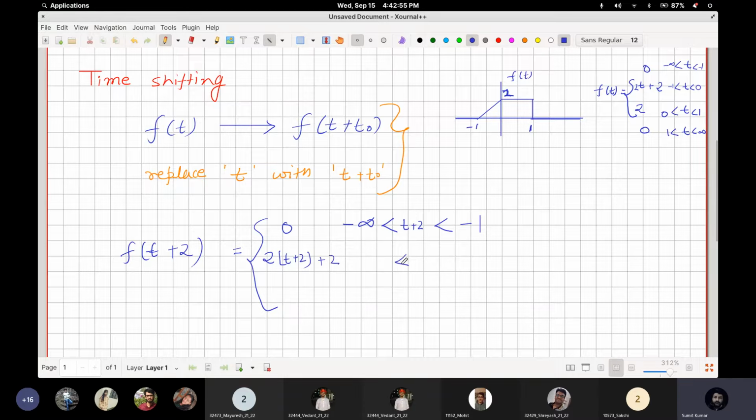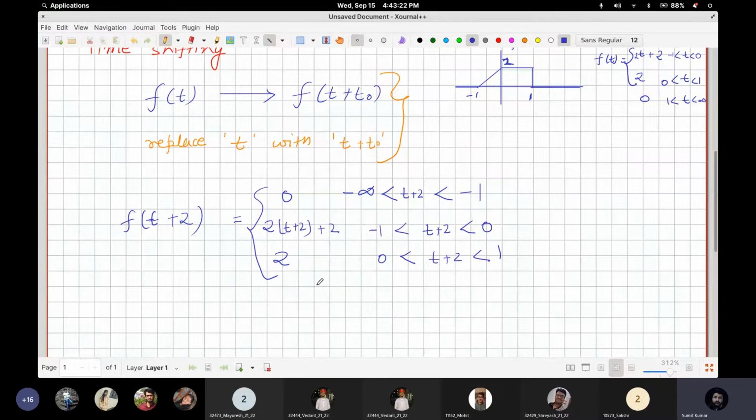And here again, from minus 1, instead of t we will be writing t plus 2 and less than 0. And after that we will be having constant 2. There is no t, so it will be as it is, right? And then here we will be having again t plus 2 between 0 and less than 1, right?